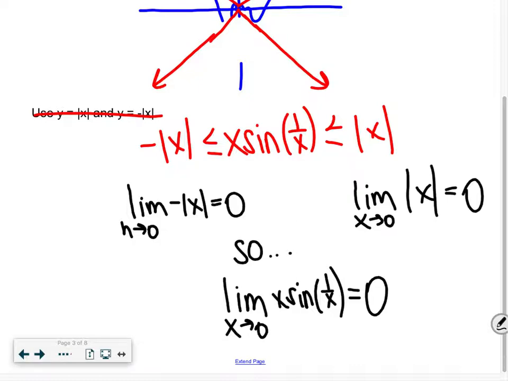Now, I'm not going to ask you to come up with those functions. I'll give you a sandwich of functions to evaluate to apply the squeeze theorem. I'm not going to make you pull this out of your back pocket and think of equations that sandwich a function. So take that off your worry list.